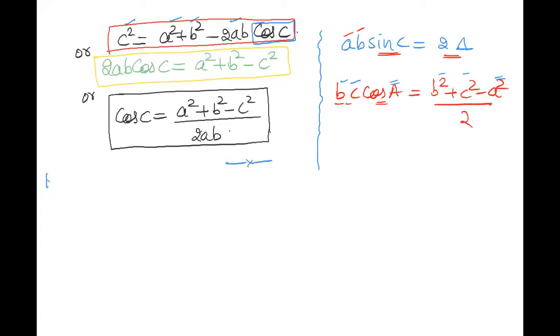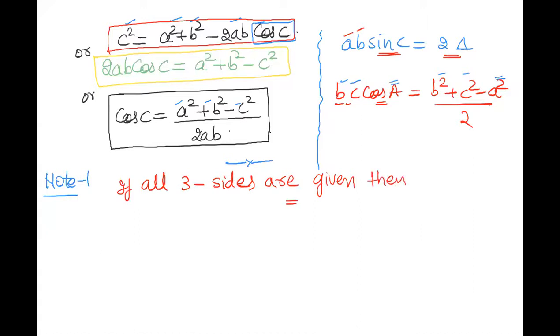So note number 1, I will write: if all three sides are given, then I can think of this formula, this rule. If all three sides are given, that implies try to apply the cosine rule.